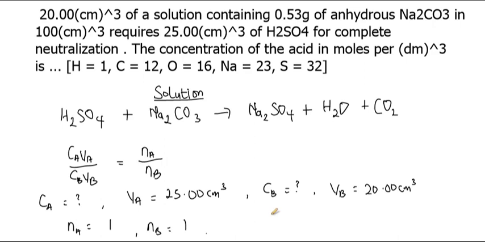We have the concentration of the base to be 0.53 grams in 100 cm³. We do not know the concentration in grams per dm³, and we do not know the concentration in moles per dm³. So the next thing is to calculate the concentration of the base in grams per dm³.